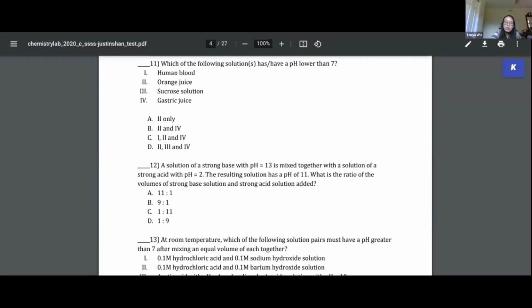Orange juice, you can tell because it has oranges in it, and oranges have a lot of vitamin C or ascorbic acid, so orange juice is acidic, which means it has a pH lower than 7. Sucrose is not acidic, and gastric juice, I believe, is hydrochloric acid, which is very acidic. So 2 and 4 have a pH lower than 7, so the answer is B.